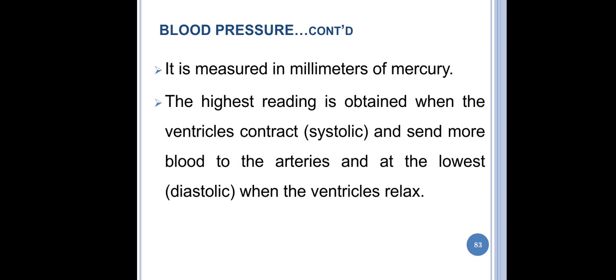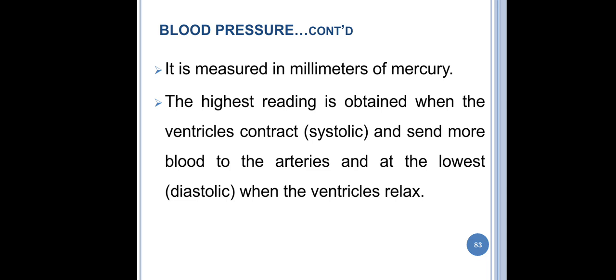So it is measured in millimeters of mercury. The highest reading is obtained when the ventricles contract, and that we call systolic. The contraction of the ventricles is what pushes blood out of the heart. In case you are having issues understanding blood pressure, you should go to the playlist of the cardiovascular system.